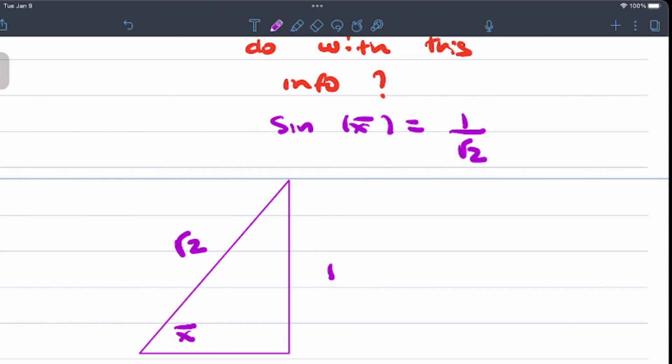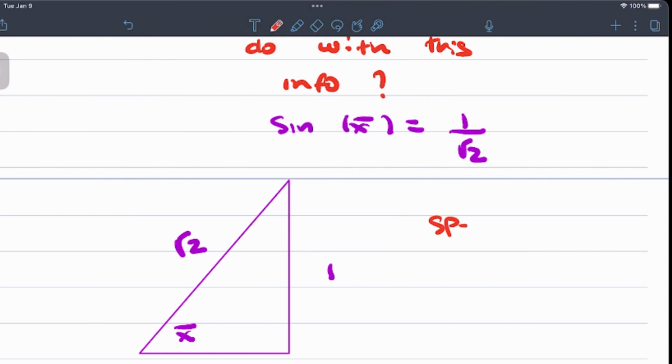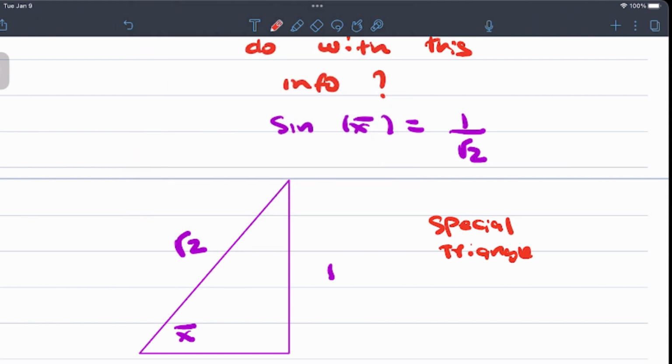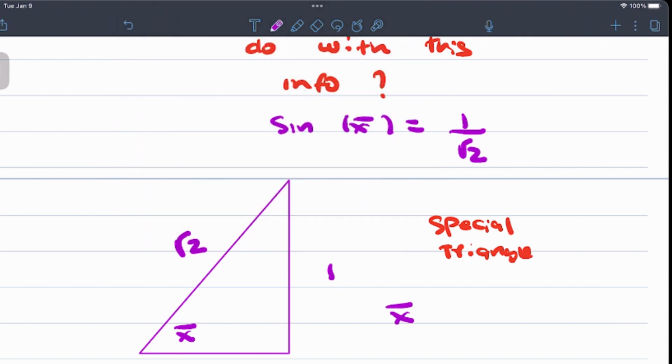So what special triangle is this, right? This is a special triangle, isn't it? Which one is it? Yep. Remember, there's only 2 special triangles you guys have to know. Is that right? This is 1, 1, square root of 2. So that means this is the reference angle.